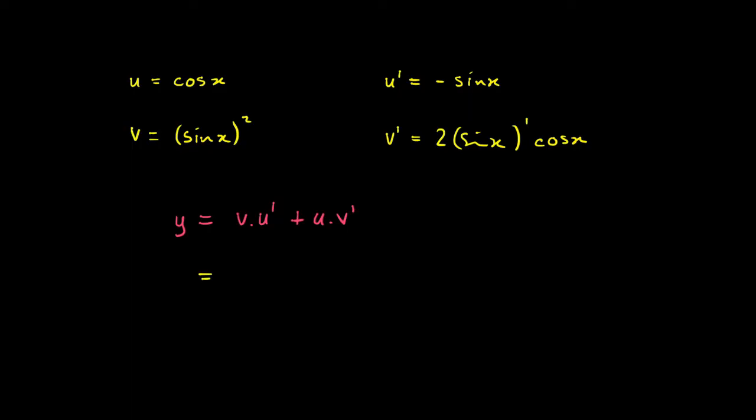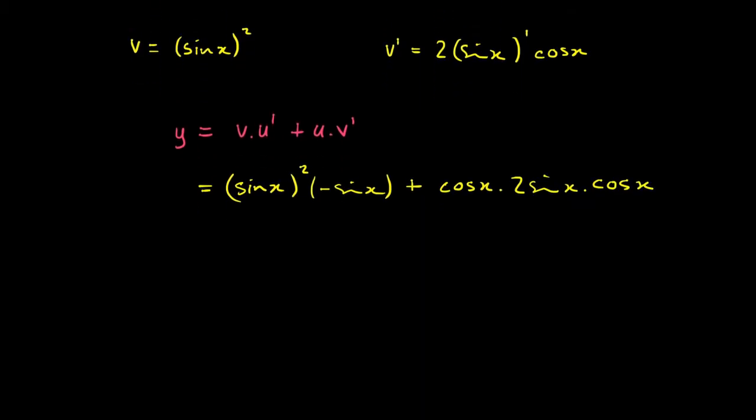So v is sine x all squared times by u prime, which is negative sine x, plus u, which is cos x, times by v prime, which is 2 sine x cos x. Okay, well let's see if we can simplify this all out.